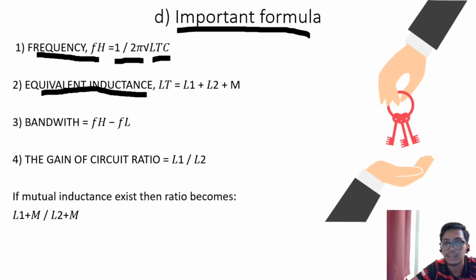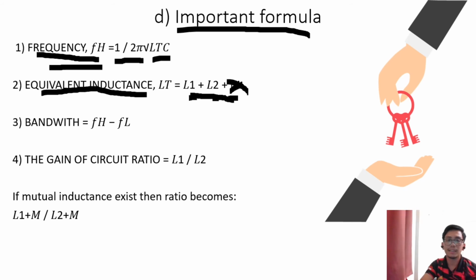To find LT, we use L1, the value of the first inductance, plus L2, the value of the second inductance, and M. M is the mutual inductance for this oscillator. If mutual inductance doesn't exist, we just cancel M and use L1 plus L2 to get the value of LT. Then we multiply by C, the value of the capacitor, and we get the frequency for the Hartley oscillator.